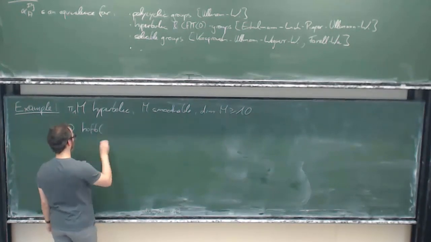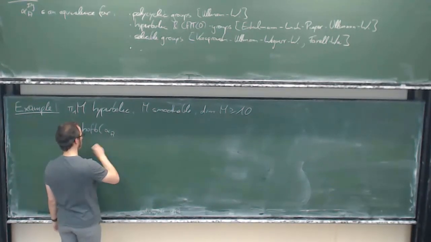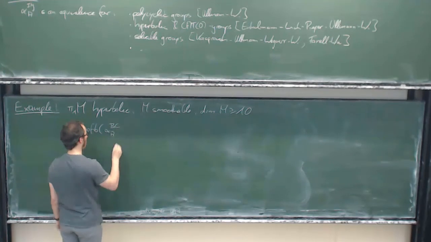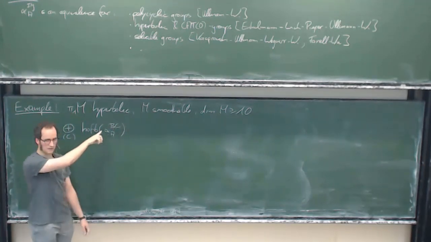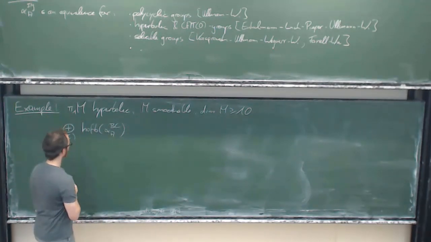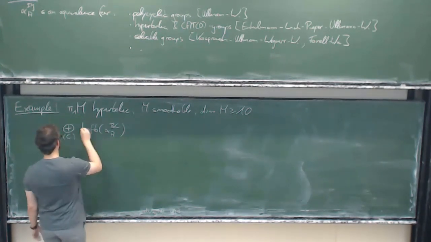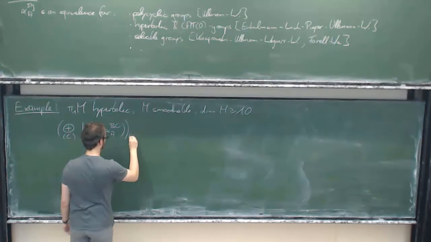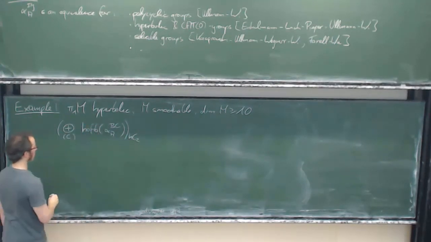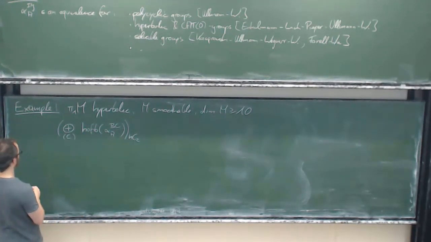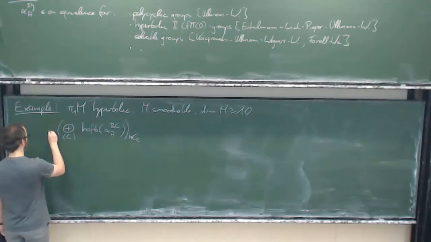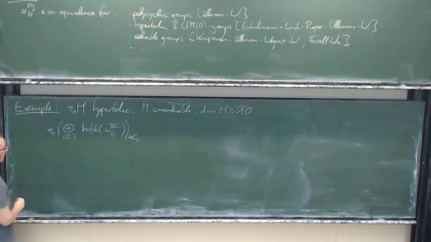a copy of the homotopy fiber of the A-theoretic assembly map of the classifying space of C. Now note that this is just an S1. But what we have to do is take the C2 homotopy orbits and then apply pi 0.